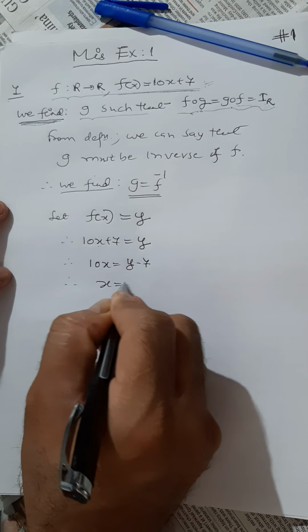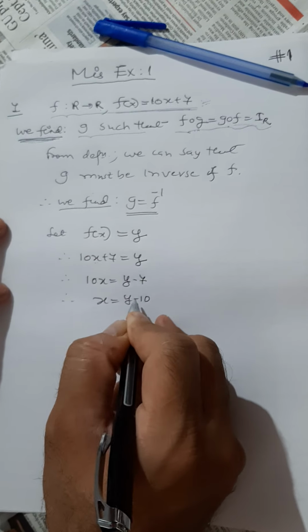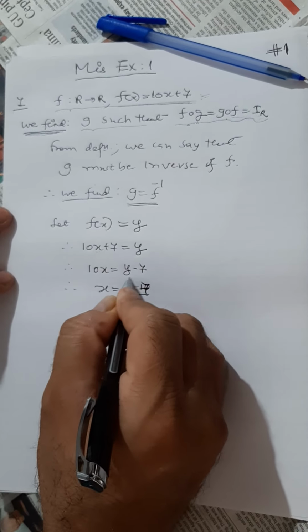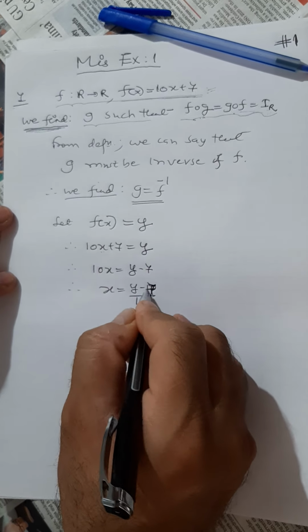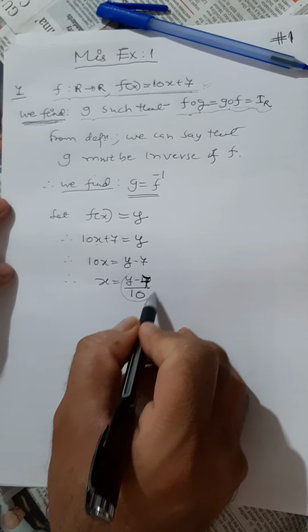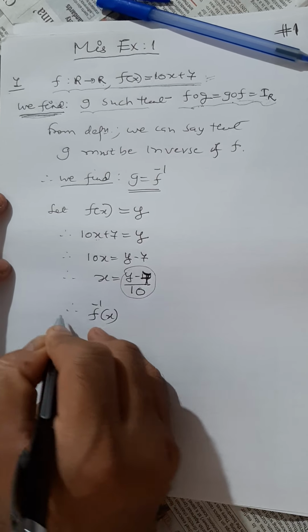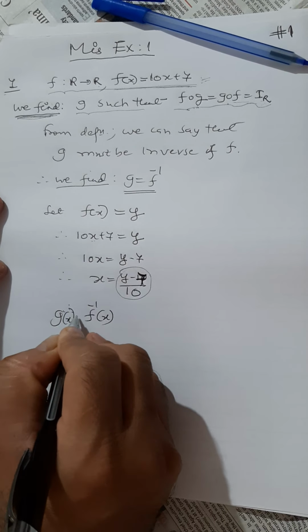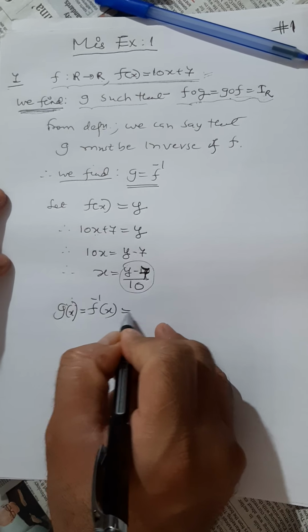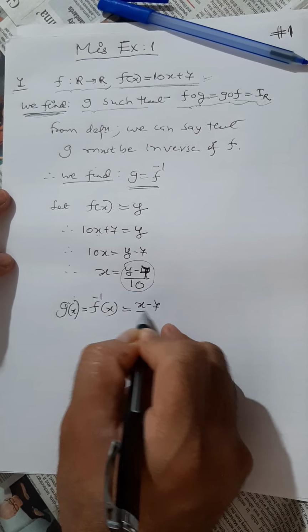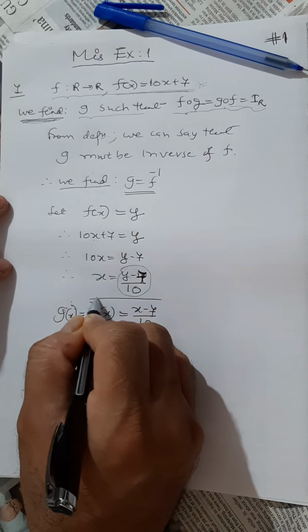Therefore x equals (y minus 7) by 10. So you know that this becomes the inverse, but we write it in the form of x. Therefore f inverse of x, which is nothing but g(x), equals (x minus 7) by 10. This is your required answer.